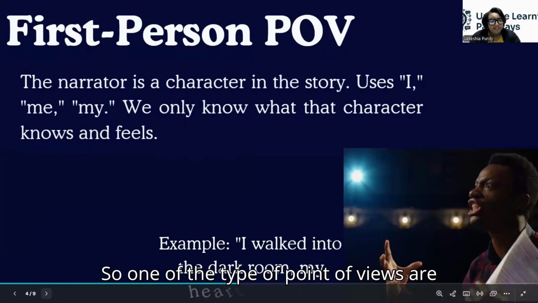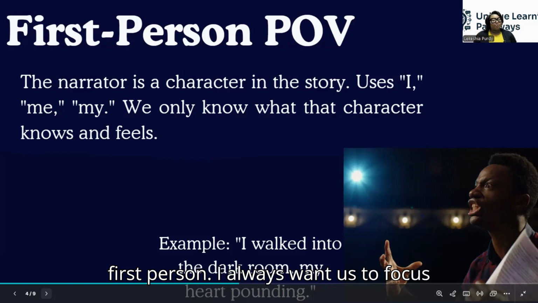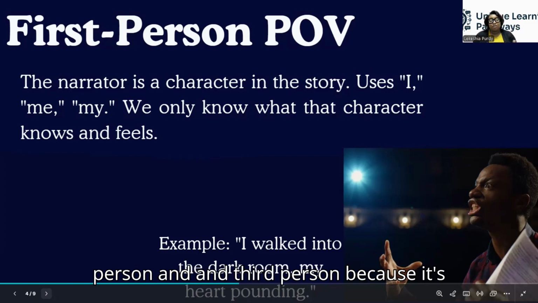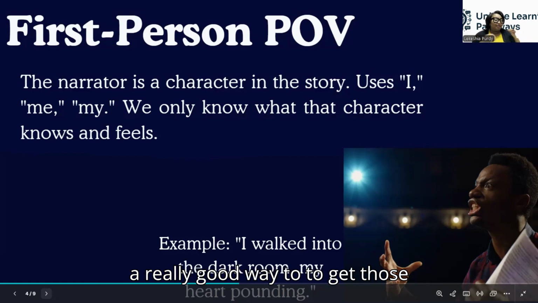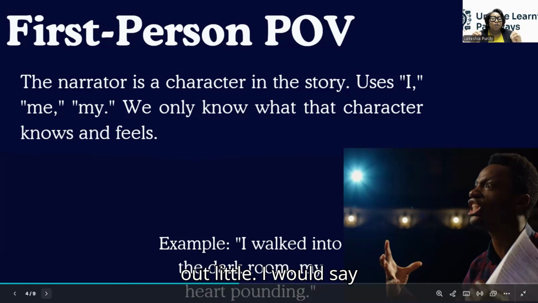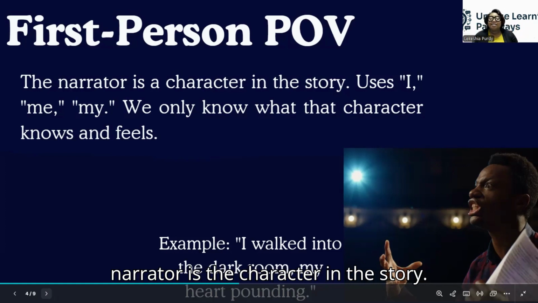So one of the types of point of view is first person point of view. I always want us to focus on the pronouns with first person and third person, because it's a really good way to pick out little Easter eggs, as they say. In first person, the narrator is the character in the story.